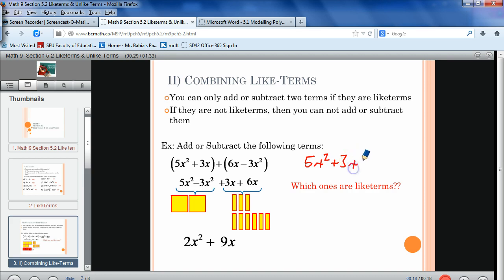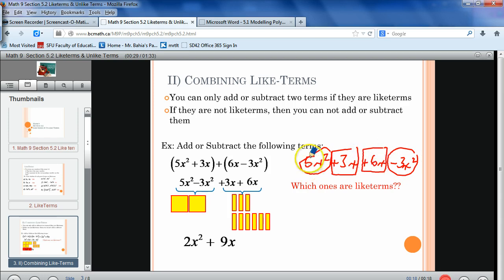Now the other way of doing this would be the circles and squares method. The x squareds are like each other, so let's put circles around them and the sign in front of it. The x's are different, so let's put squares around them and the sign in front of it.